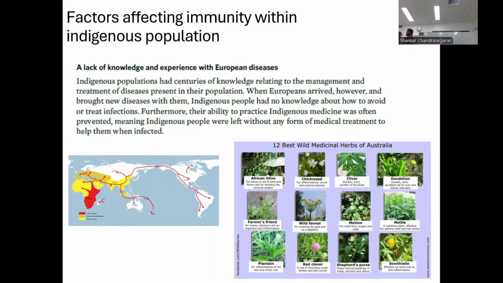So they had no knowledge of how to treat the symptoms, and no knowledge of what to do in certain cases. This meant that they were worse off in that situation. Their ability to practice indigenous medicine was also prevented back then by the Europeans. So indigenous people were left without any form of medical treatment to help them when they were infected as well.